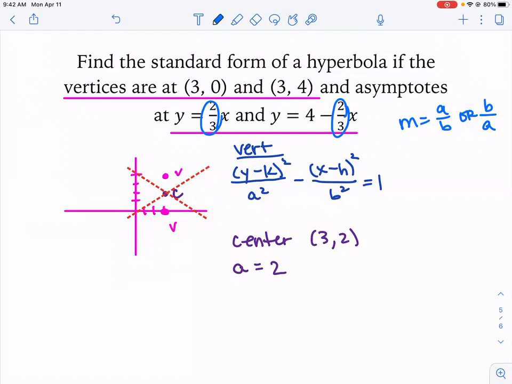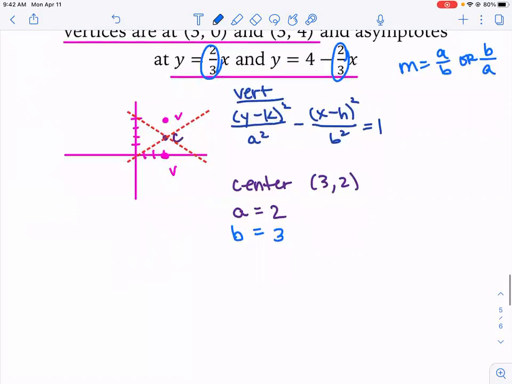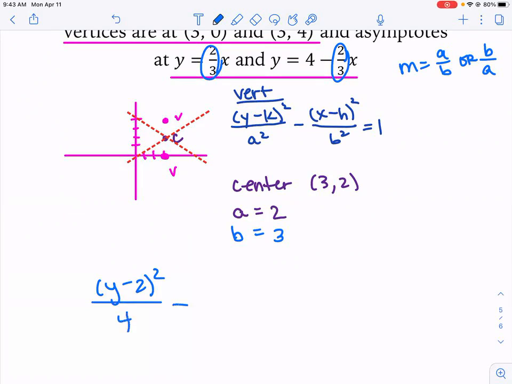And we know that A is 2, right? So if our slope is 2 over 3 and A is 2, what do you think B is? Cool. So we have (y minus 2) squared over 4, minus (x minus 3) squared over 9 equals 1.